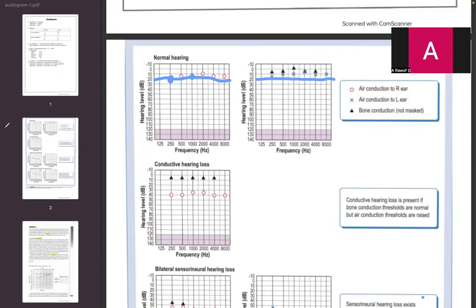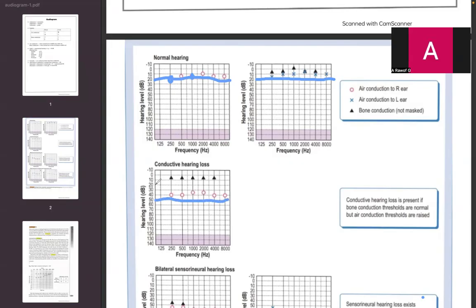This is for the left ear, represented by blue X. Here they have used some other symbols, so let's not get confused. Here they're using this triangle as the bone conduction.